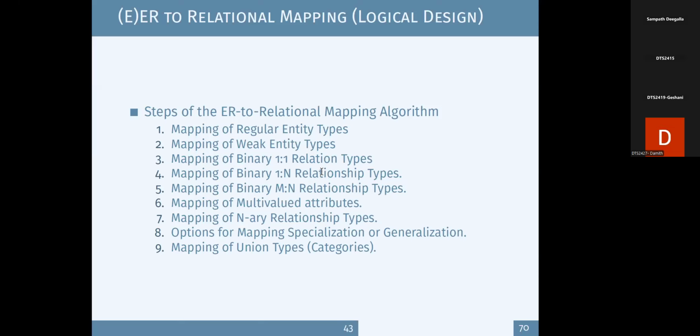Right. So here is what we are going to discuss. We'll start with the entities, then the relationships, and then I will explain multi-valued and n-ary relationships. Then I will discuss the things related to the enhanced or extended version of ER, that is specialization, generalization and union types.